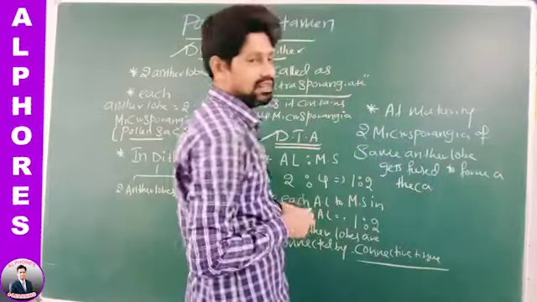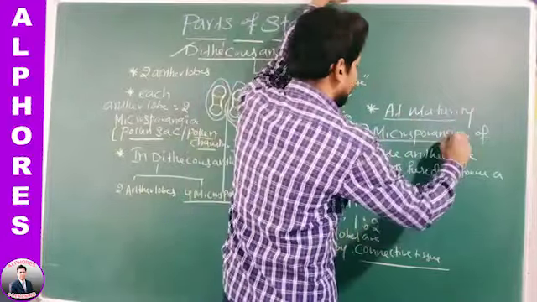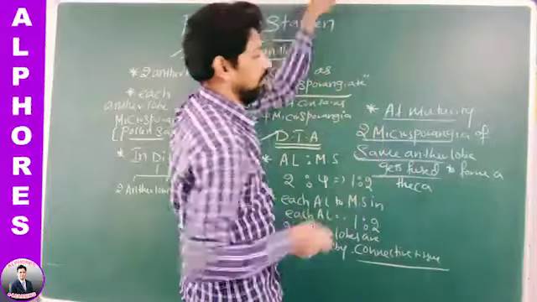To form what, sir? Theca. When? At maturity. What? Two microsporangia of the same anther lobe get fused.